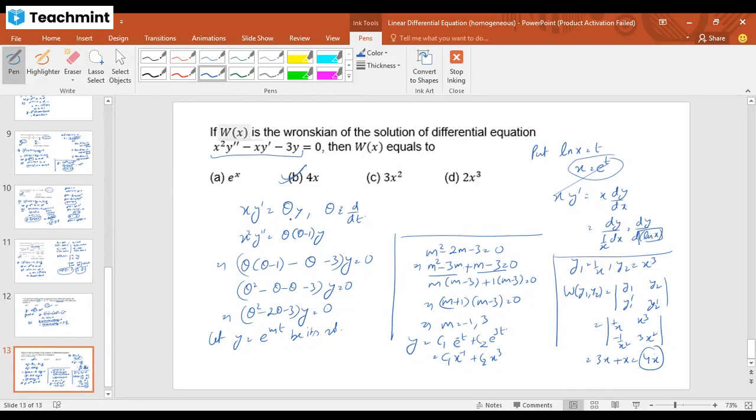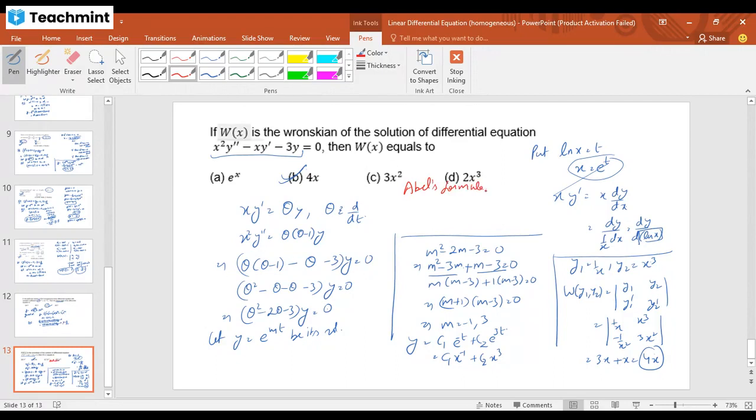You can see here it is quite a lengthy process, because firstly we need to transform this differential equation into a differential equation with constant coefficients, using this transformation find its complementary function, that is the solution of the homogeneous differential equation, and after getting the solution, we need to find the Wronskian. But there is another alternate method, which is Abel's formula.